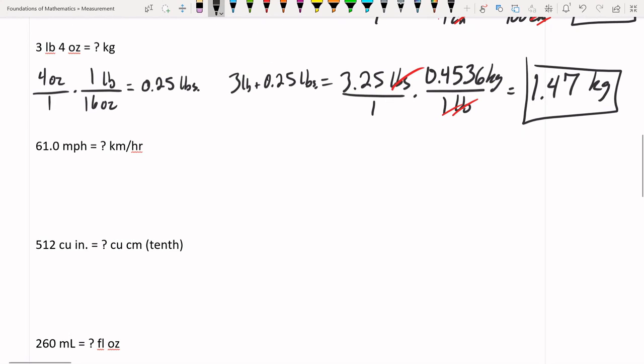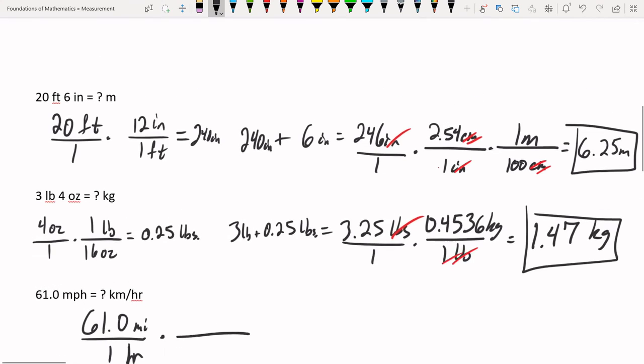Okay, 61 miles per 1 hour. To convert this into kilometers per hour, all we have to do is convert between miles and kilometers.